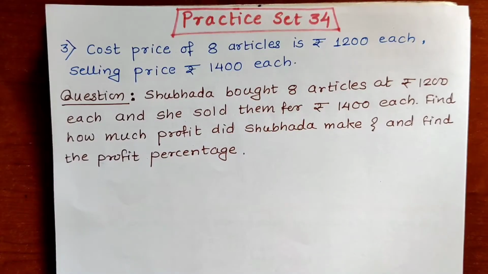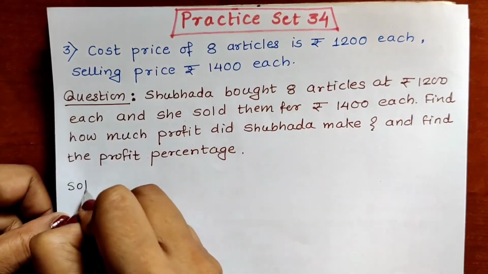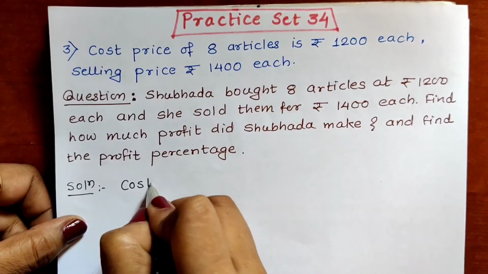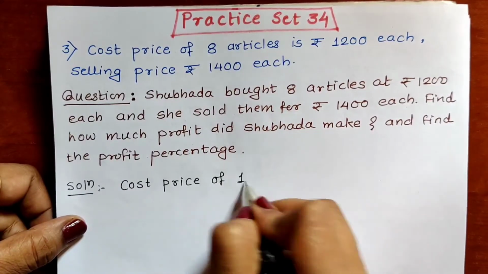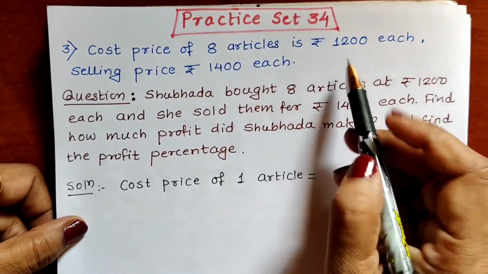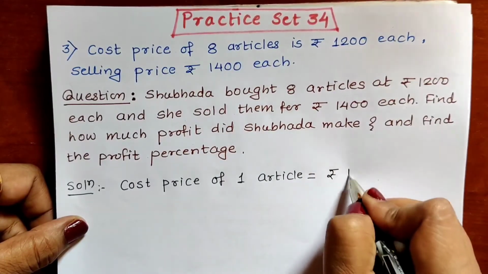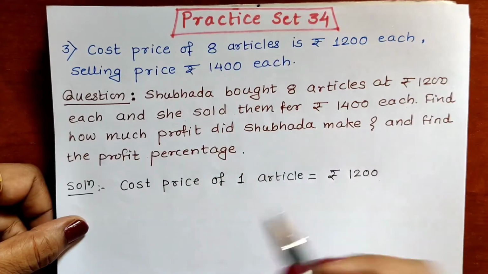Now let us solve the sum. Solution. First, the cost price of one article is given. So write cost price of one article. 1200 each means the cost price of one article is rupees 1200. How many articles she bought? 8 articles.